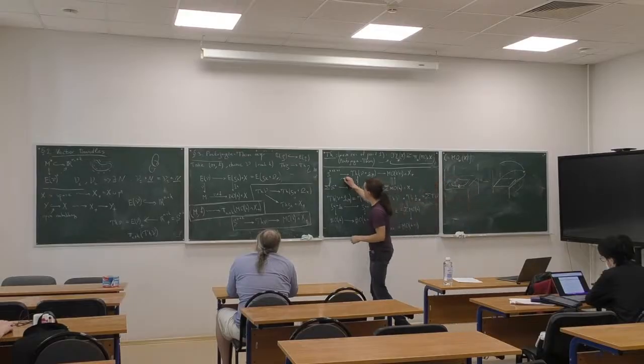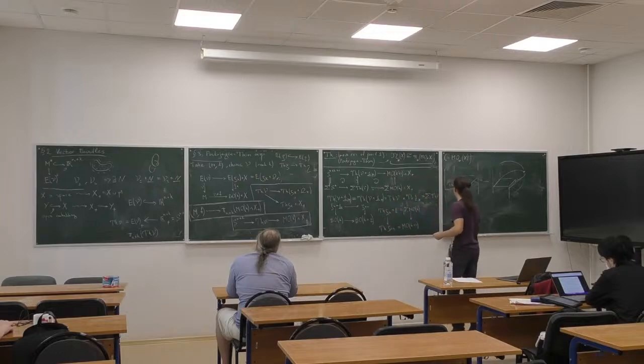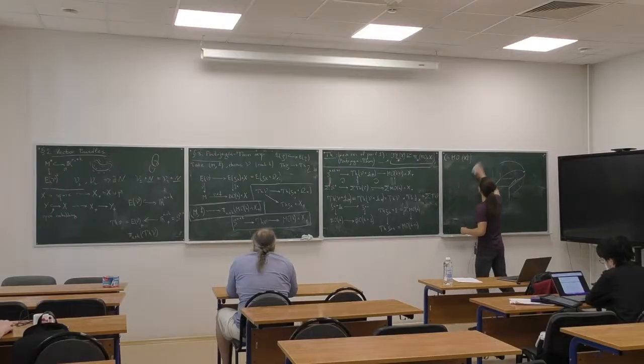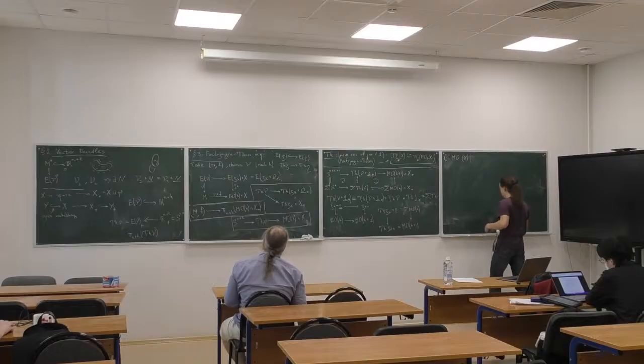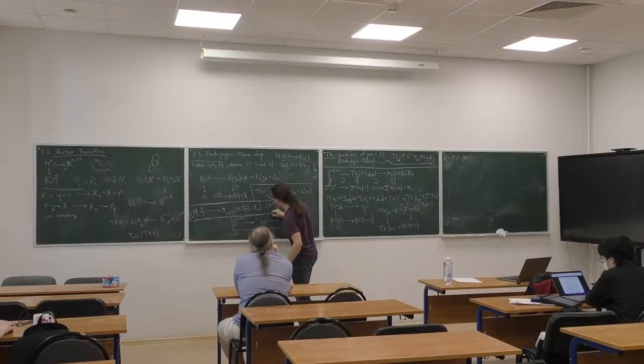Okay, so this commutes. What does it give us? This allows us to stabilize the map in question. Let's refer to this as PT, the Pontryagin-Thom map.